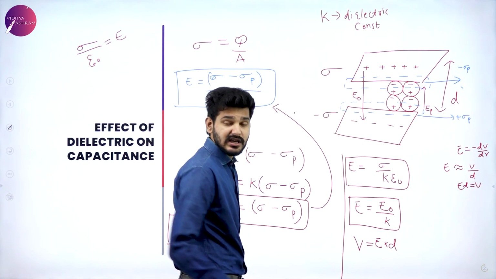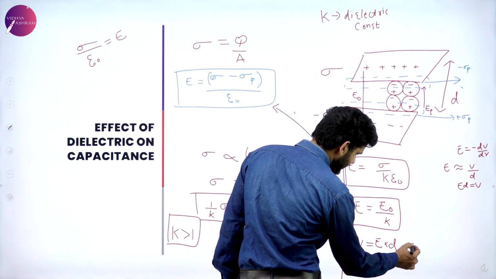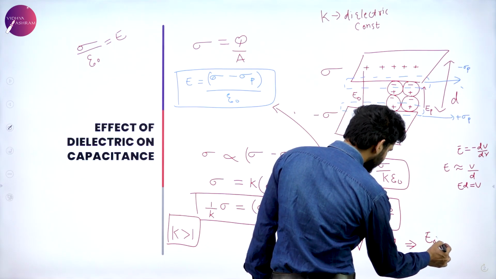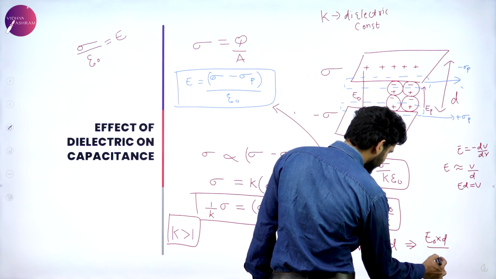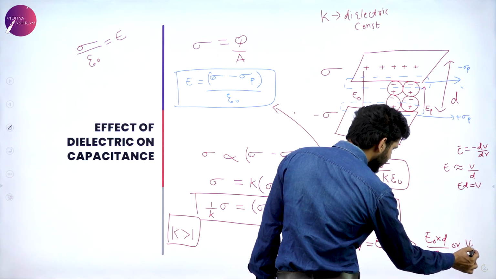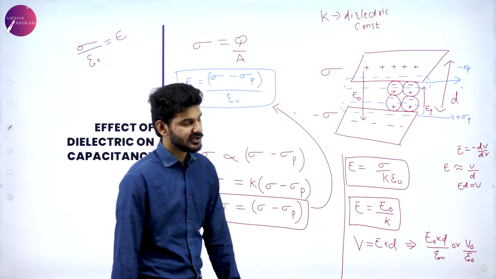So we can write an equation for potential also, which is equal to E naught into D divided by K, or simply V naught divided by K, to find the potential.